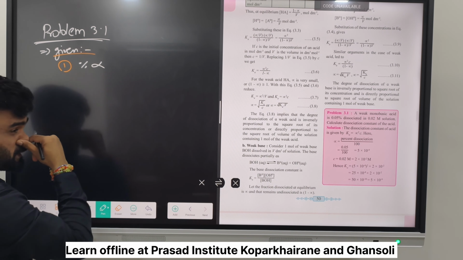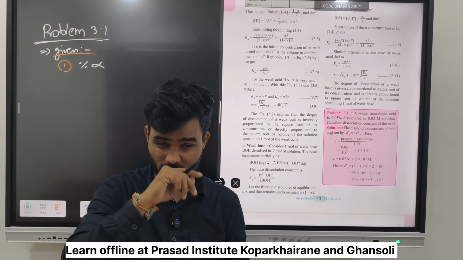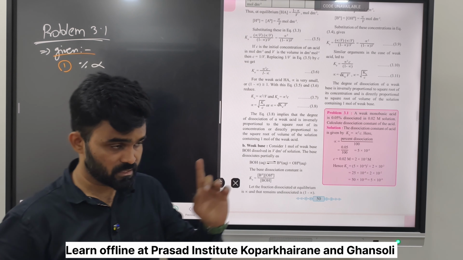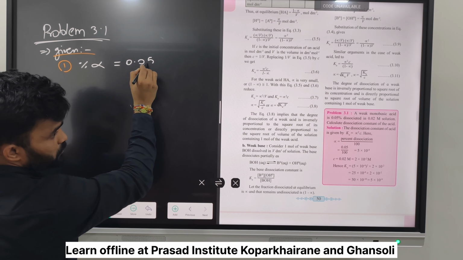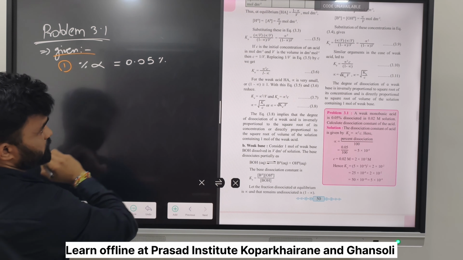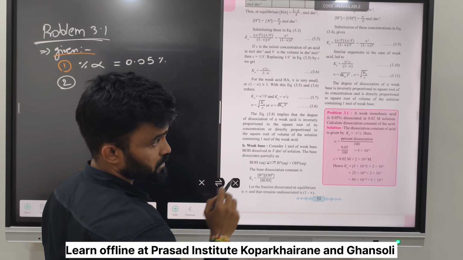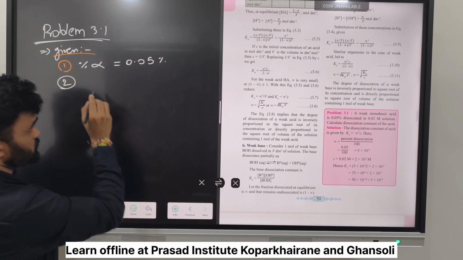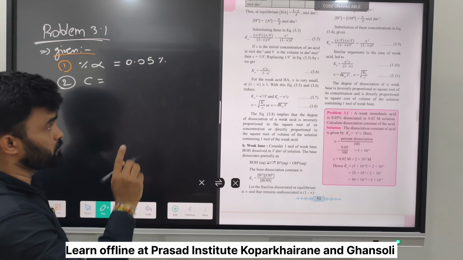Understood? Out of 100%, how much has ionized? Sorry for this. Out of 100%, how much has ionized, we know from alpha. Okay, it's a percentage alpha. Percent alpha is 0.05%. Number 2 given is dissociated in 0.02 molar solution. So concentration, molar means concentration, mole per dm cube.